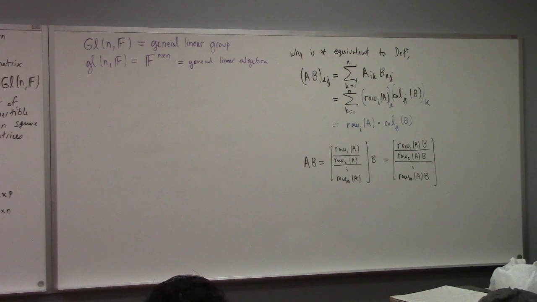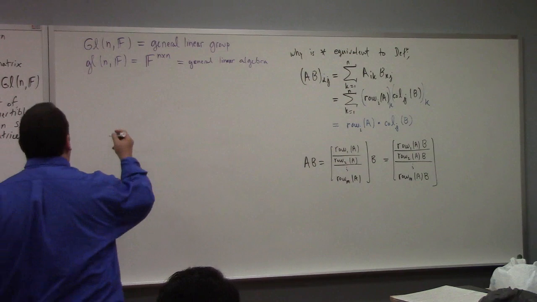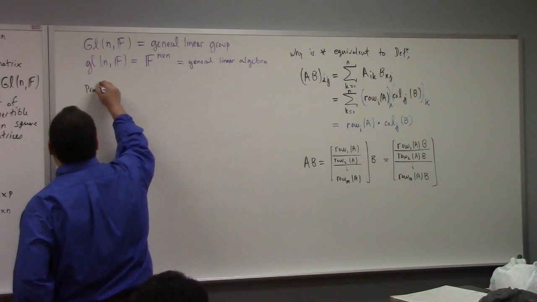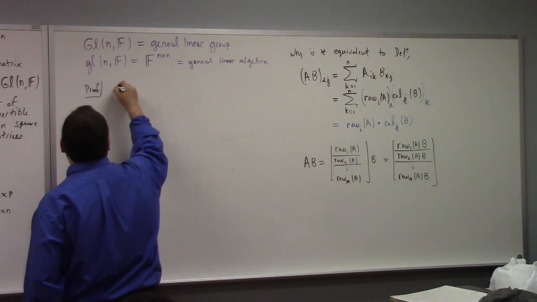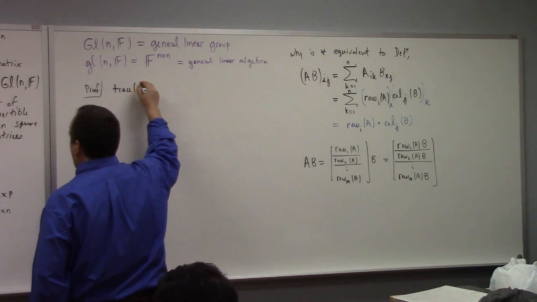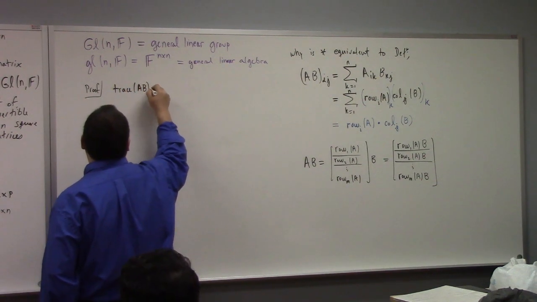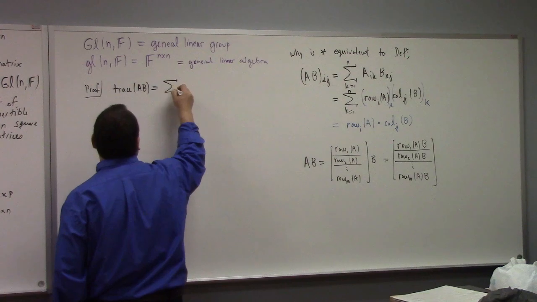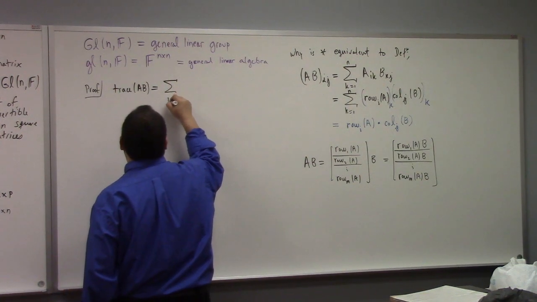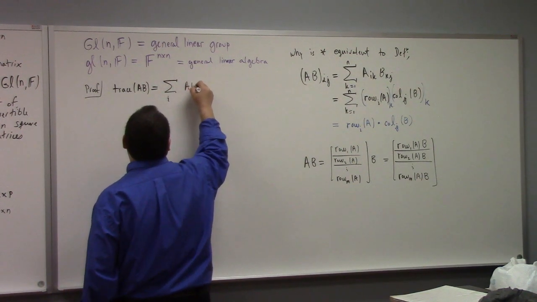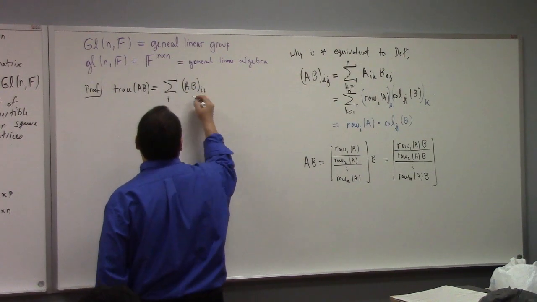But the proof of this trace identity is simple in index notation, right? So here it is. Trace of AB is the sum over i of (AB)_ii.